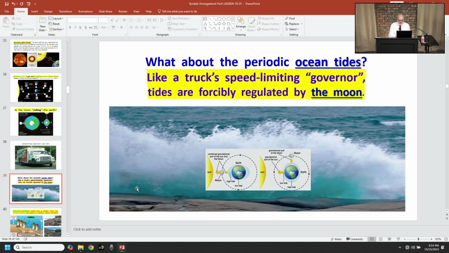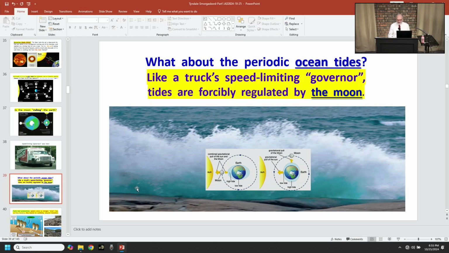Without the ocean tides, things go bad fast. Thankfully, it doesn't happen. But if we didn't have ocean tides, the water would get polluted and stagnant really fast, and so many living things in the ocean would die.